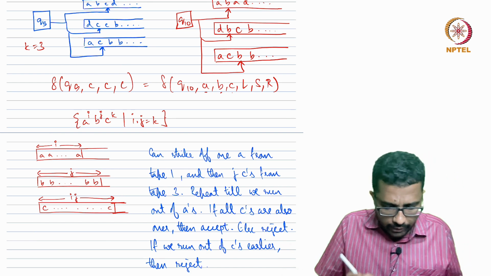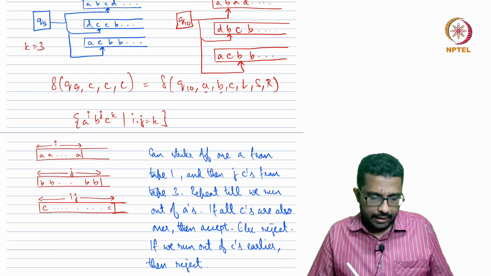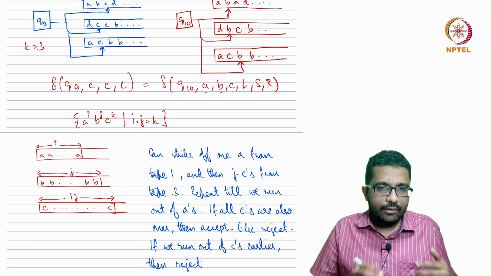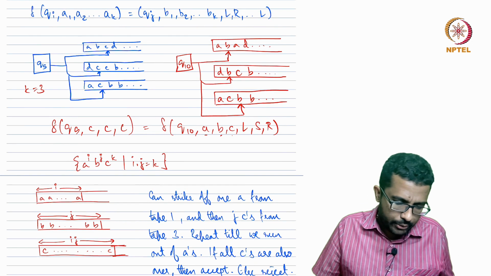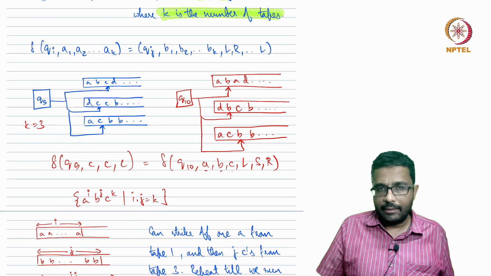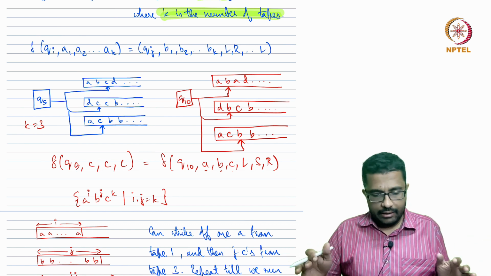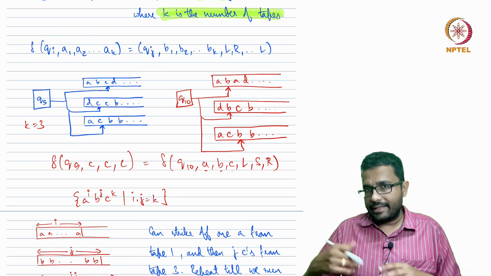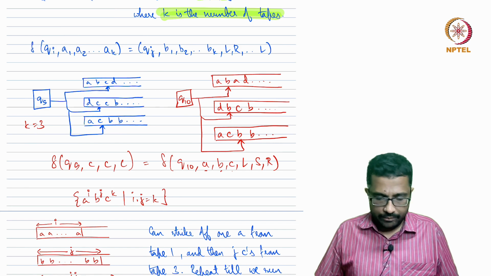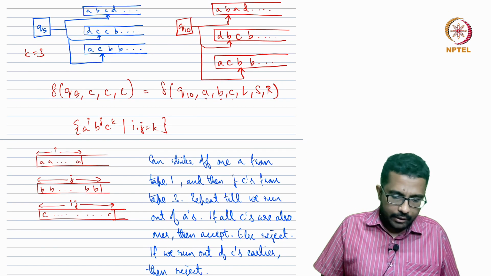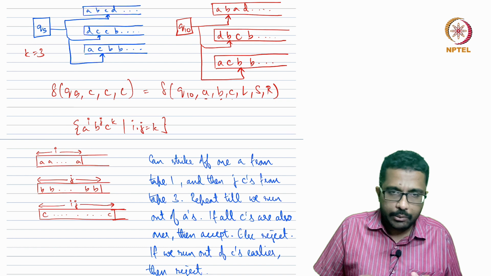Now if we have to accomplish that, usually the entire input is in the first tape, and then we use the other tapes as working tapes. So suppose this was the entire input, A power I, B power J, C power K, in tape 1.